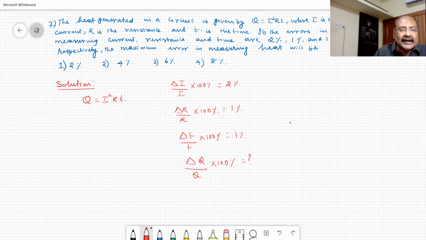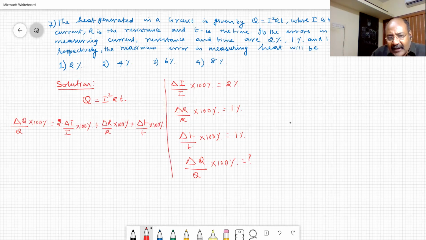So how can I get this formula then? I can write delta Q divided by Q into 100% is equal to, instead of I square, I have to write 2 into delta I divided by I into 100% plus, for R it is delta R divided by R into 100% plus delta T divided by T into 100%.